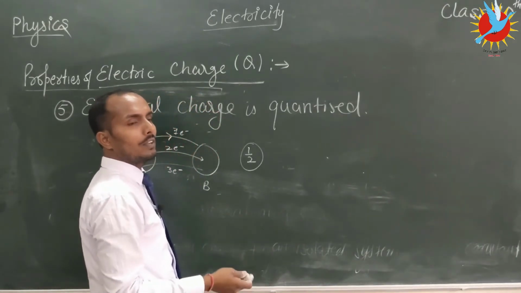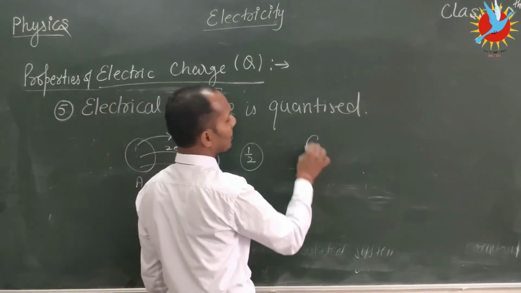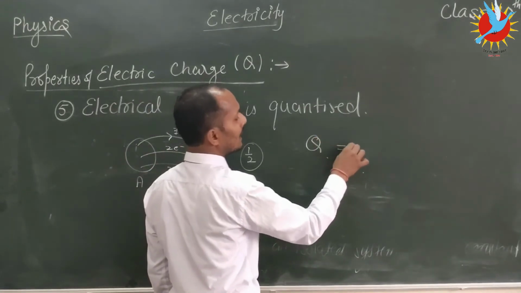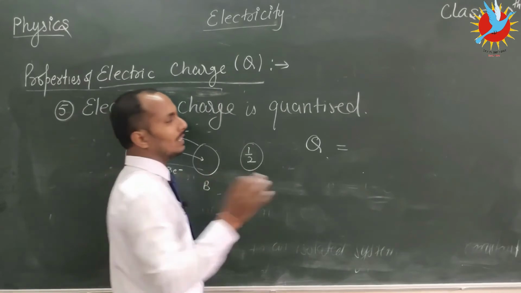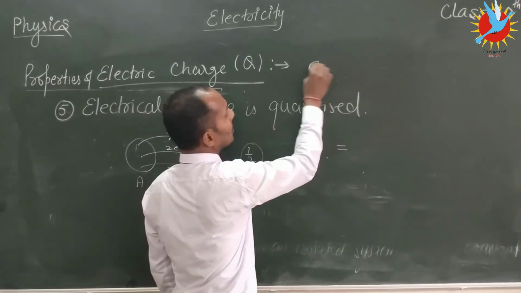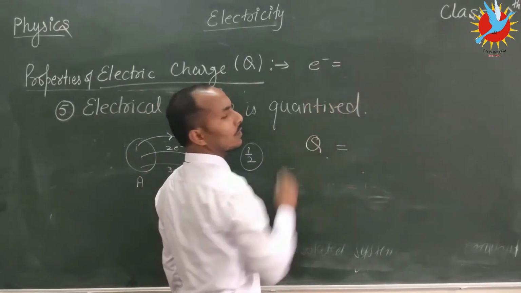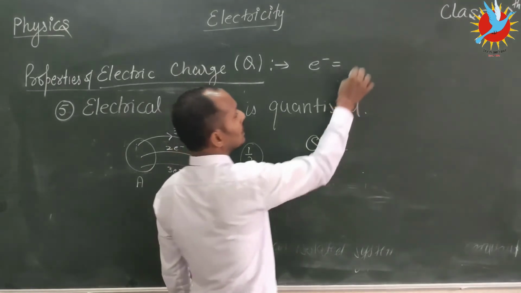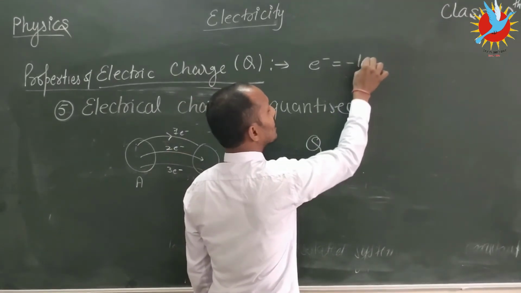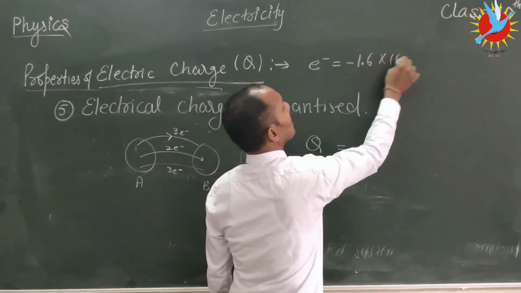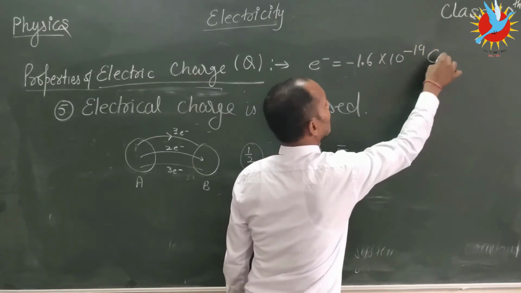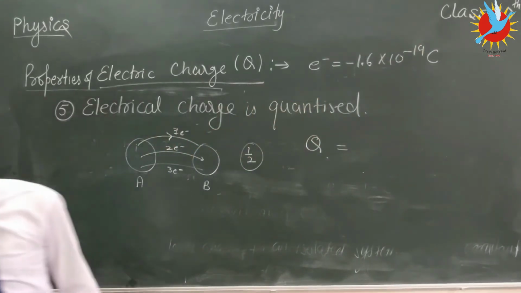Suppose one electron. We know the charge on an electron. What is the charge on an electron? The charge on an electron is minus 1.6 into 10 raised to power minus 19 coulomb.